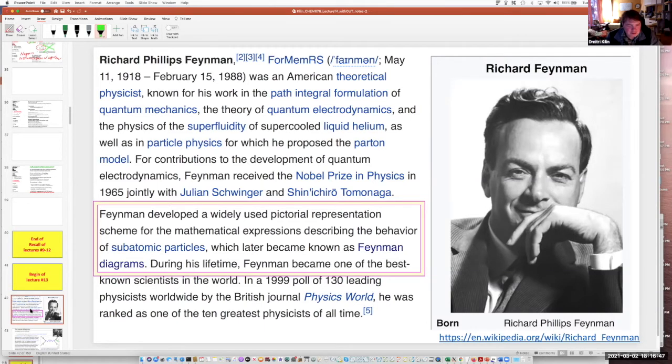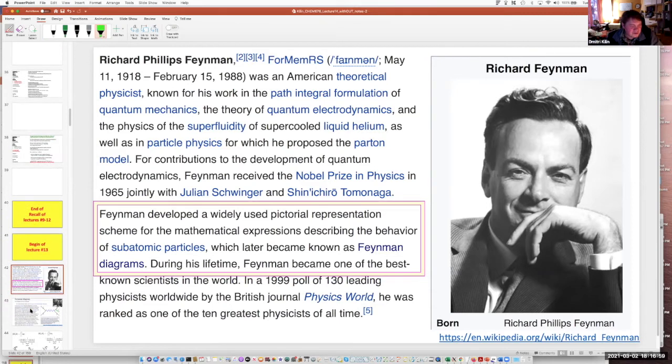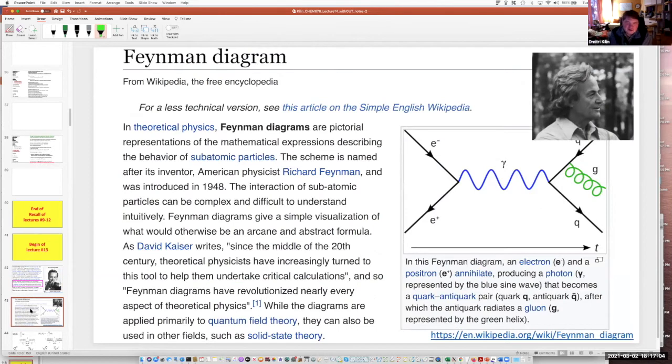His main contribution to science was that he introduced a way to convert long equations into small figures. So if you look into Wikipedia, into so-called Feynman diagrams, you will see pictures like that. And these pictures were designed by the professional theorist Richard Feynman to avoid writing long equations.